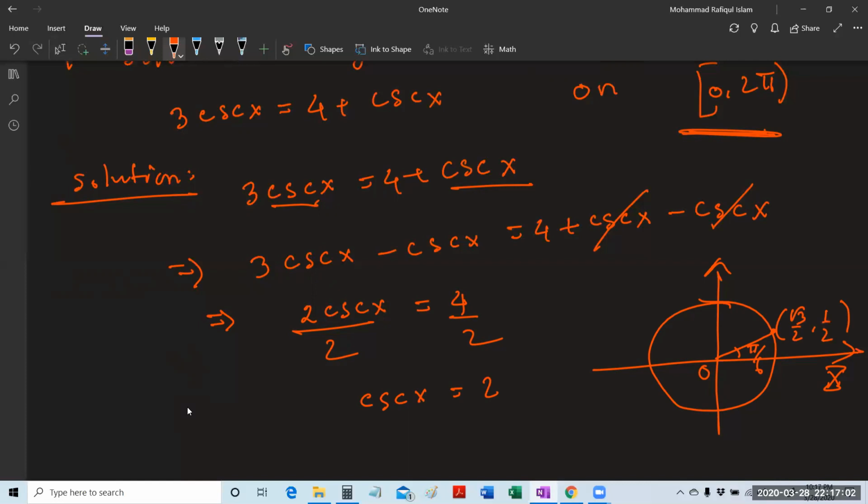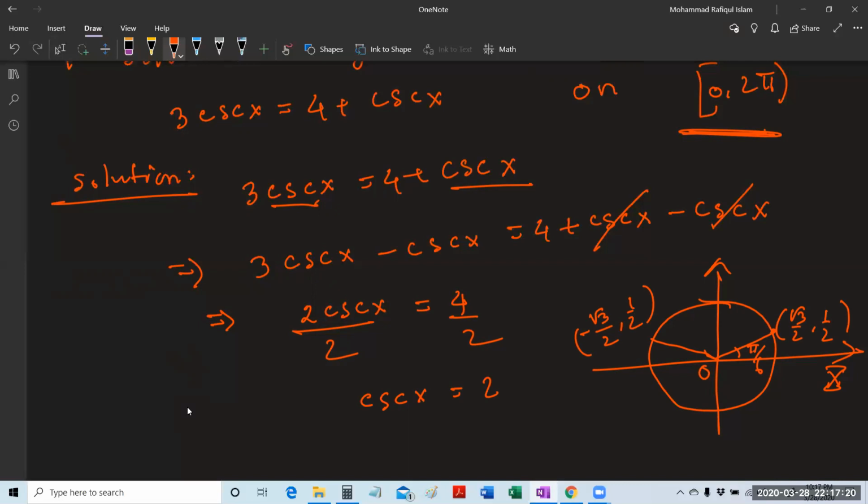And if we consider one more angle here, the coordinate will be the same numbers except the negative value for the x coordinate and y is positive.